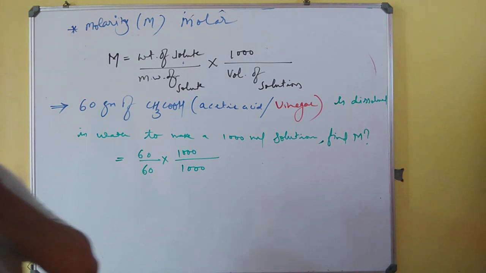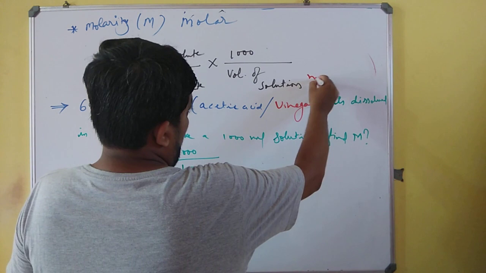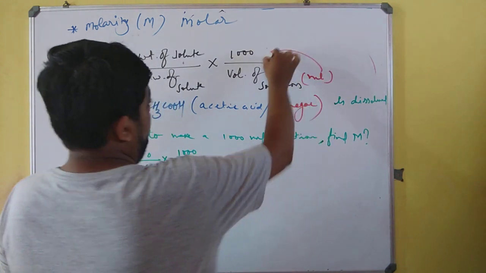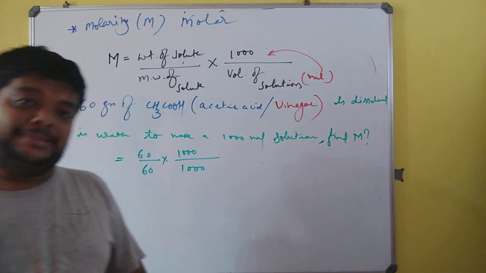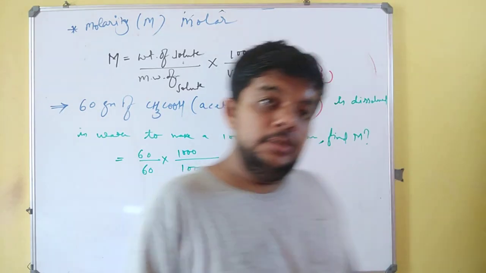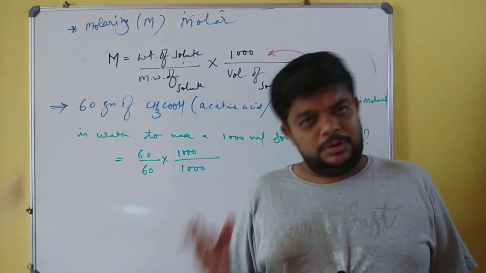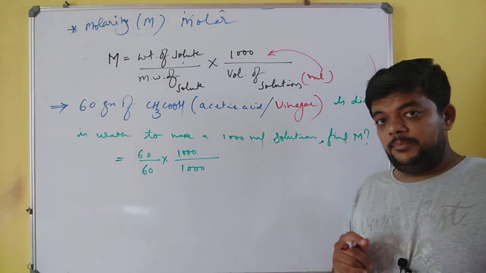Remember over here, if I take the volume of solution in ml, then I need this 1000. As discussed with you in molality, if I was taking the weight of solvent in gram, I am always writing 1000 in the numerator.